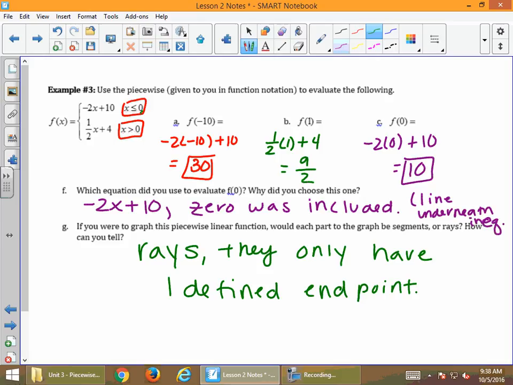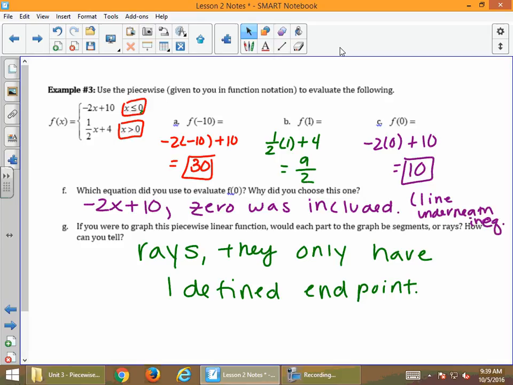Here you're starting at 0 and you're going on forever in another direction. When we're evaluating, it's really important, like with this 0, you can only use the top equation because it's included.